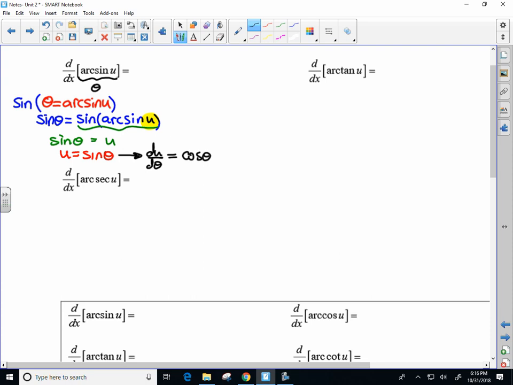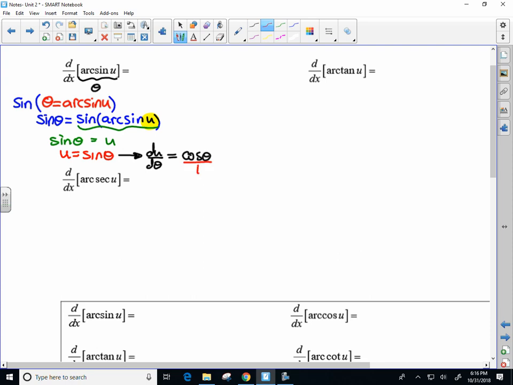I need d theta dx, because again, this whole thing is theta. So d theta dx. I have du d theta. So it's really not close to what I need, but I can do a few things to get it closer.